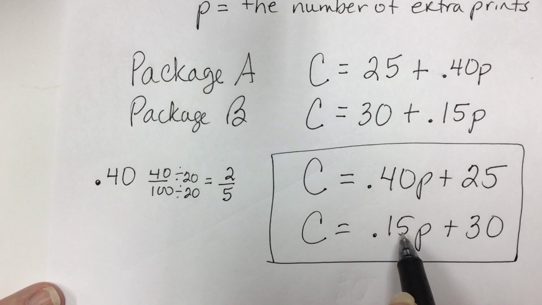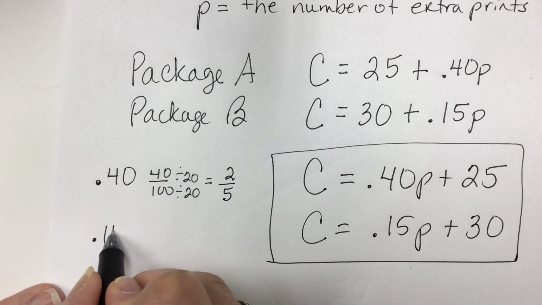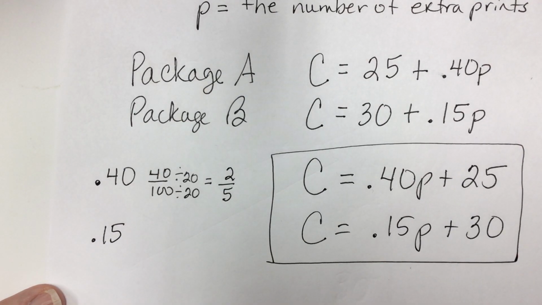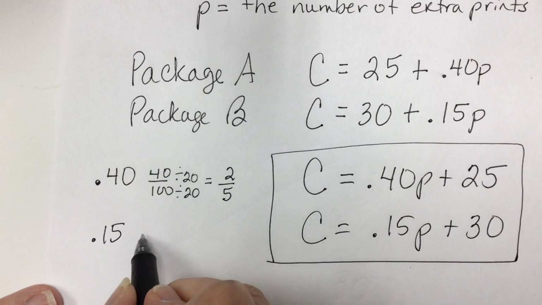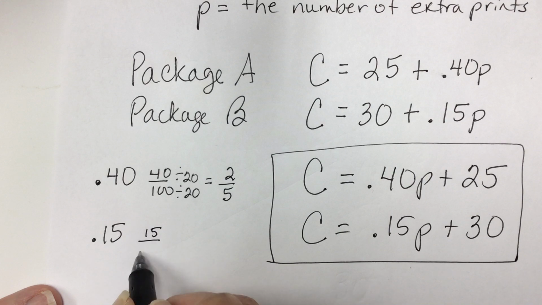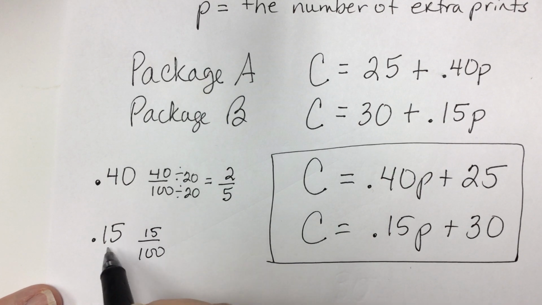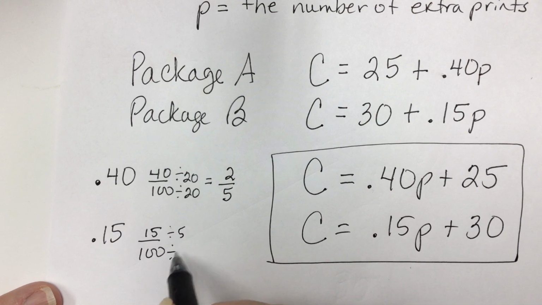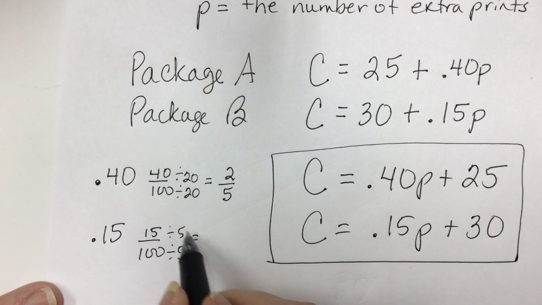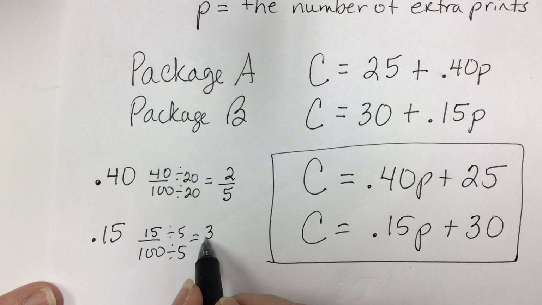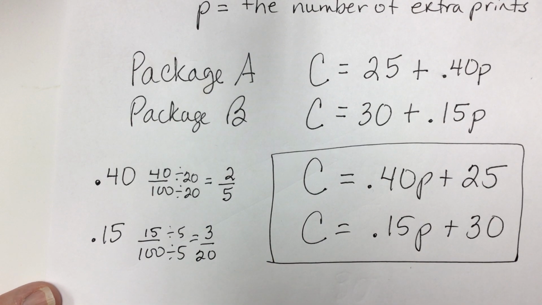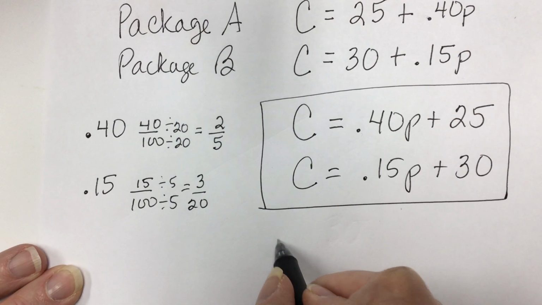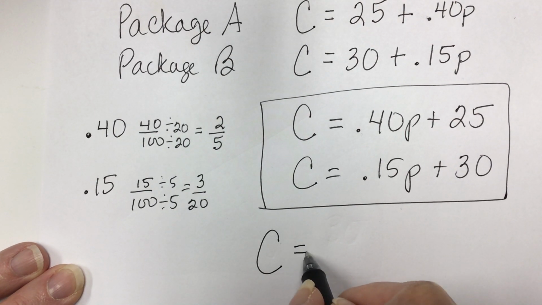Now let's change 0.15, the slope, into a fraction. This would mean 15 divided by 100. That's 15 hundredths. So let's divide each one by 5. 15 divided by 5 is 3, and 100 divided by 5 is 20. So with my new slopes, I'm going to write the equations.